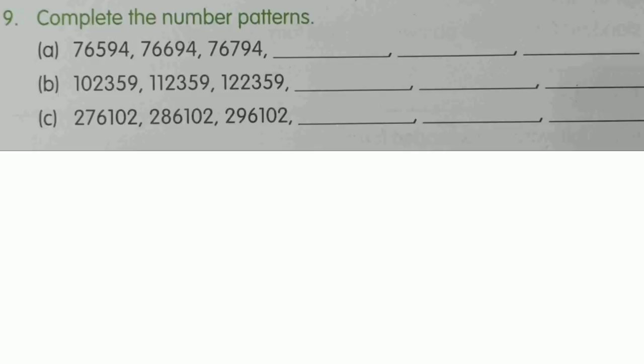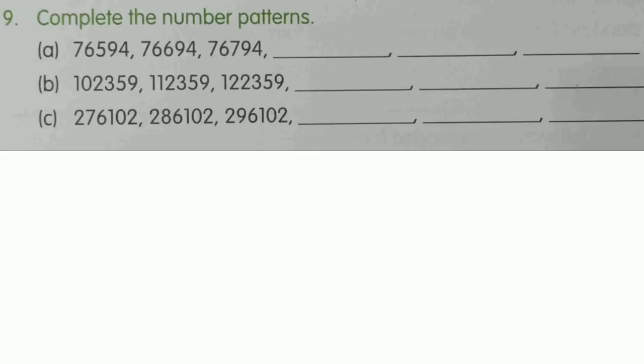If you are not able to identify how I found the difference, just subtract the first number from the second. If you subtract 76594 from 76694, you will get 100. So it proves that there is a difference of 100.